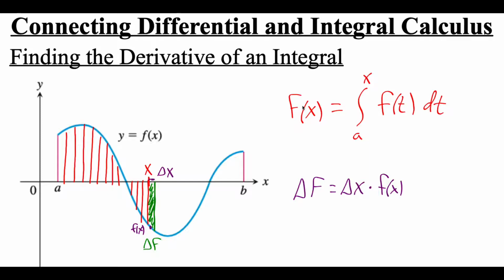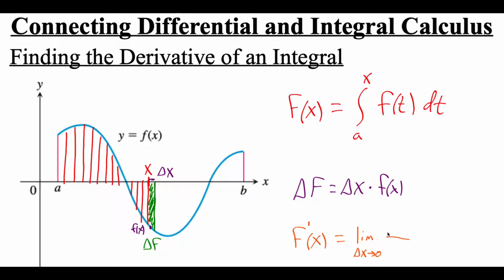Now let's say we wanted to look at this accumulator function, this capital F of x, but we wanted to find its derivative. Going all the way back to the beginning of the year, we talked about derivatives as being a limit. So what we're going to do is take the limit as the change in our x value approaches 0.